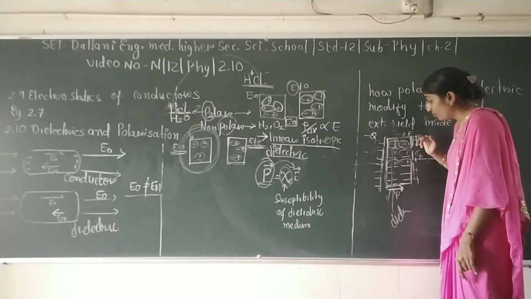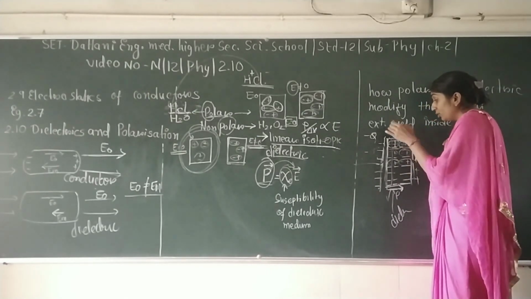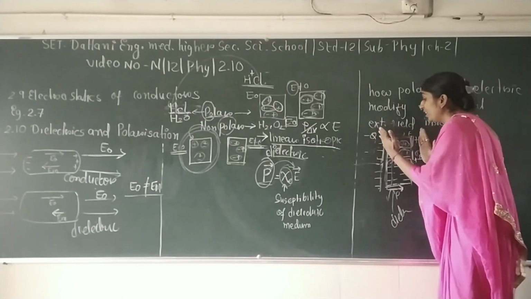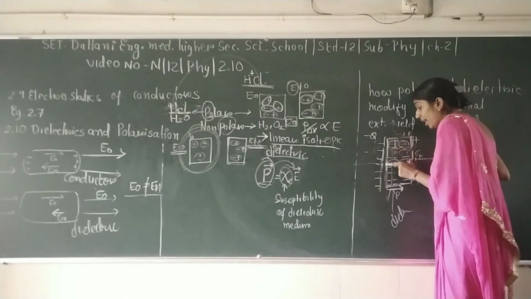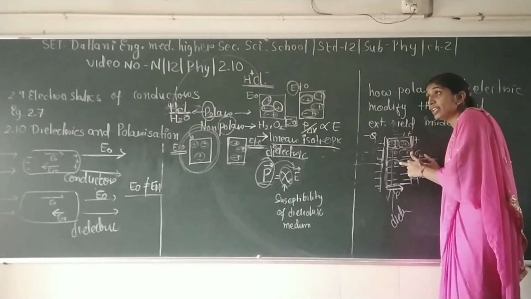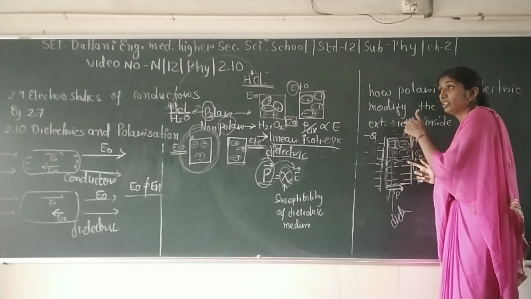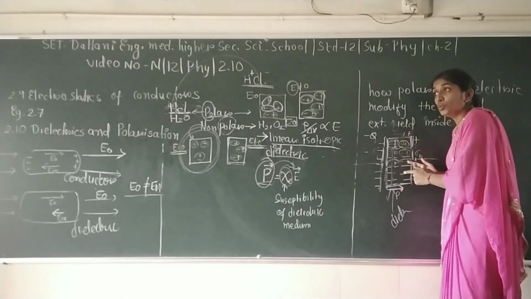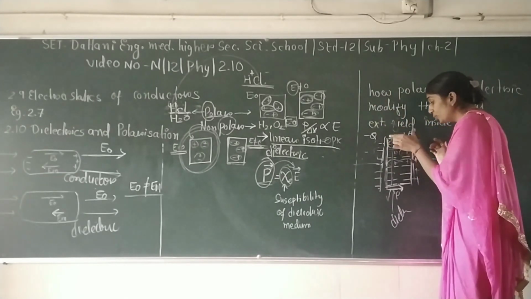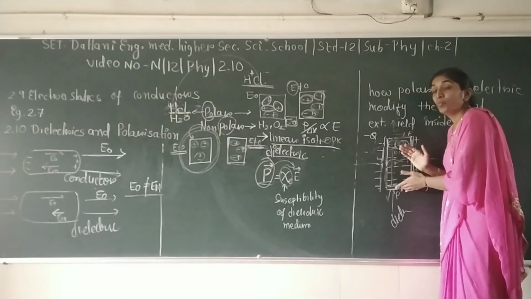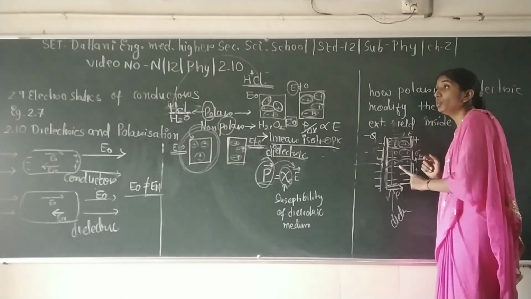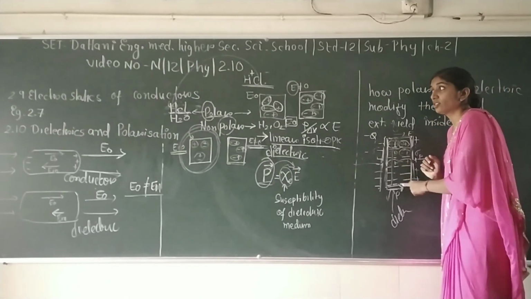Between these two conductors, where I have put a dielectric, the effect of the electric field is reduced compared to the case when I put nothing between them. So by putting this dielectric, we are reducing the effect of the external electric field.